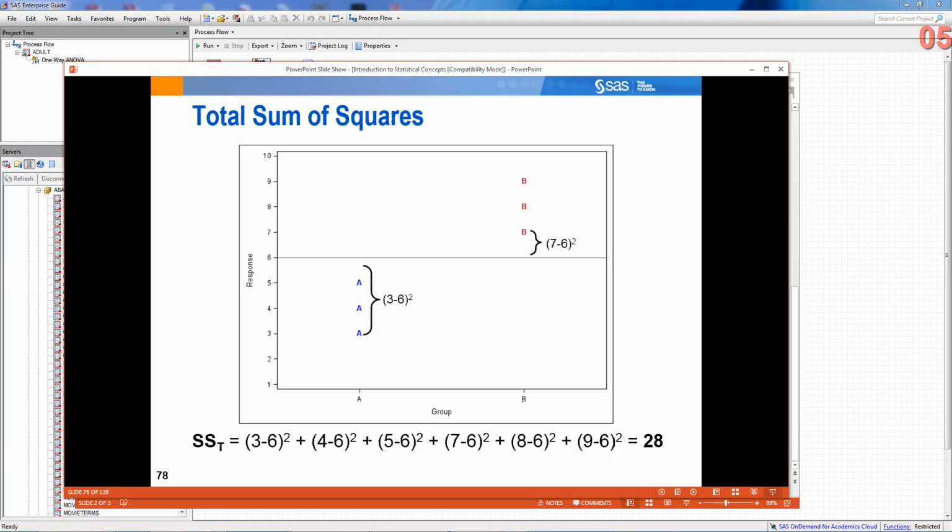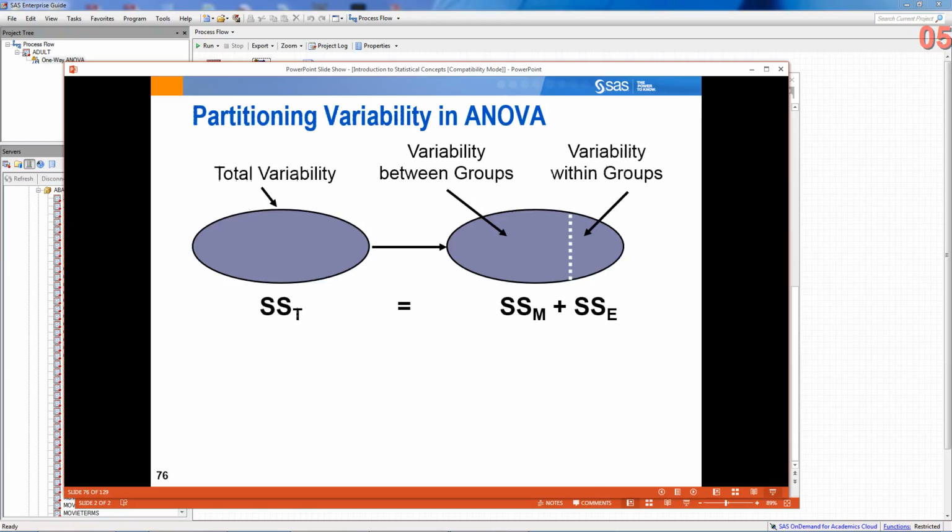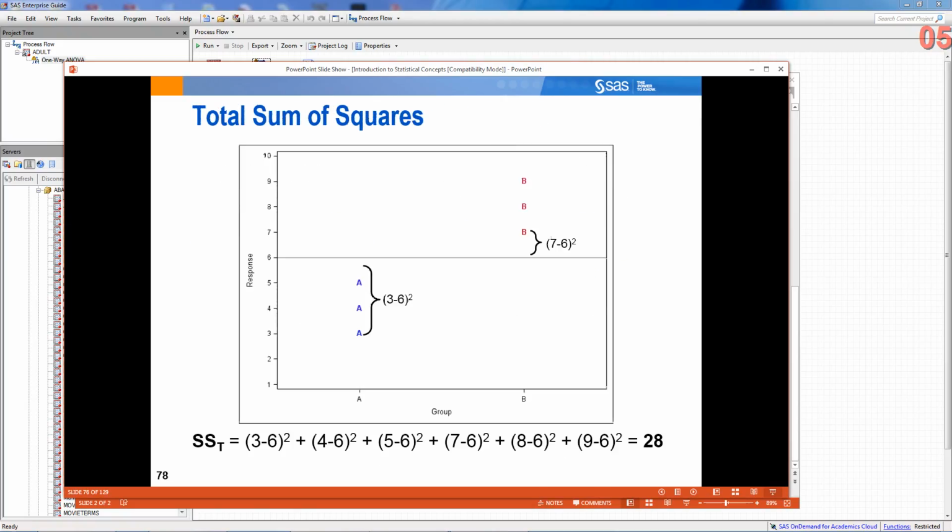Now the sum of squares, which is the SST, the total variability, means how far apart each observation is from the mean. The overall mean is 6, and we look at how far away each observation is from 6. We square the distance between each observation and the mean and sum all the squares. That's the sum of squares total.